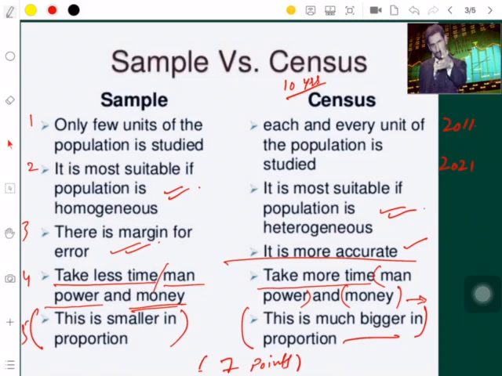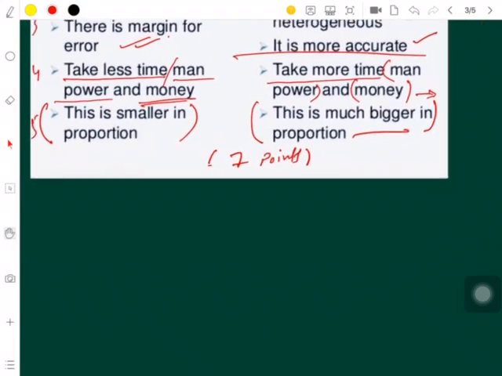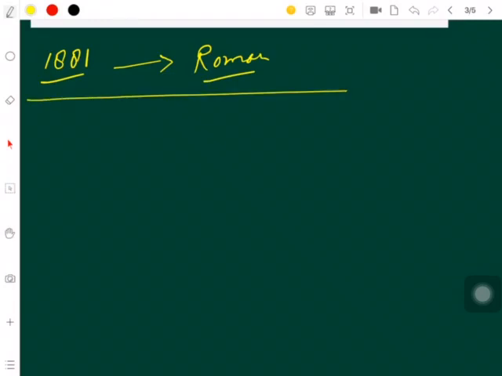The word census dates back to 1881, when the first census was conducted in the Indian context. The origin of the word census is Roman. It's from the Roman language.